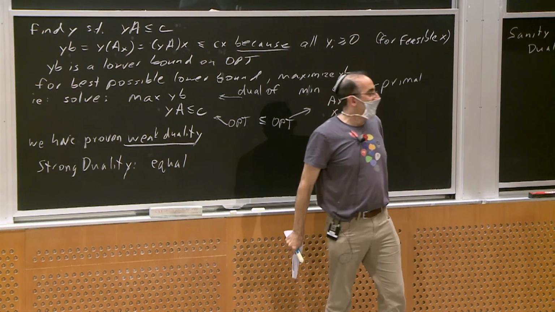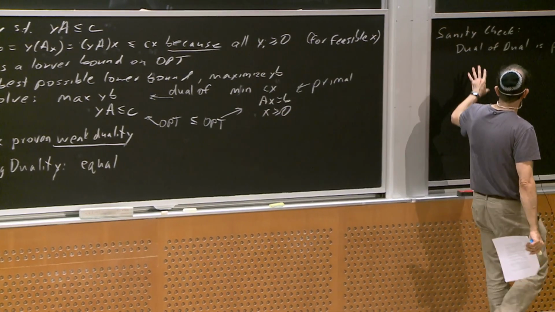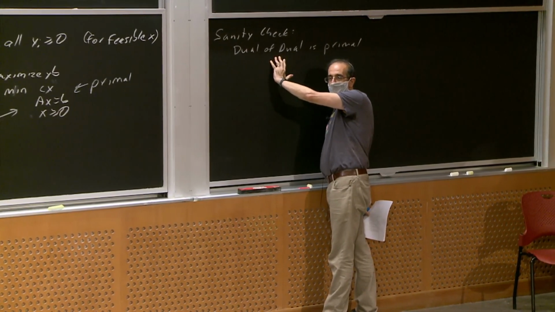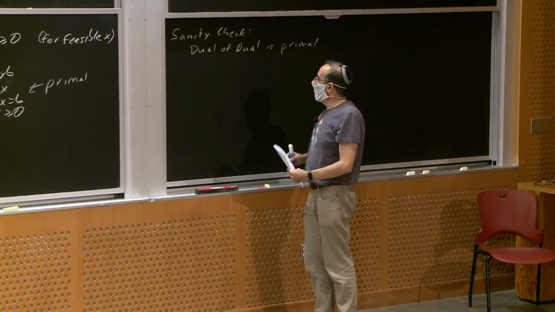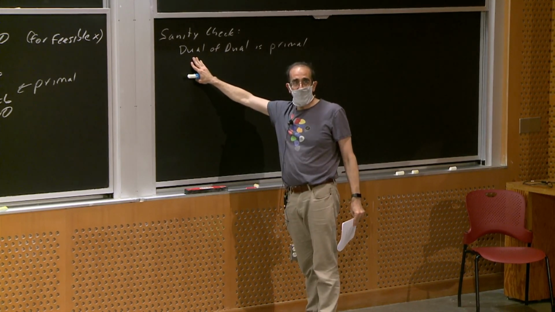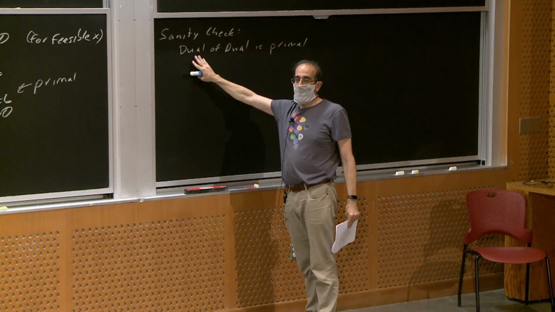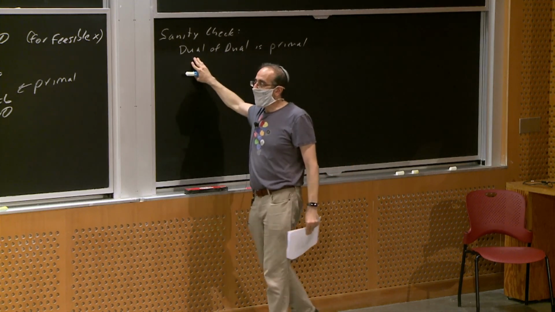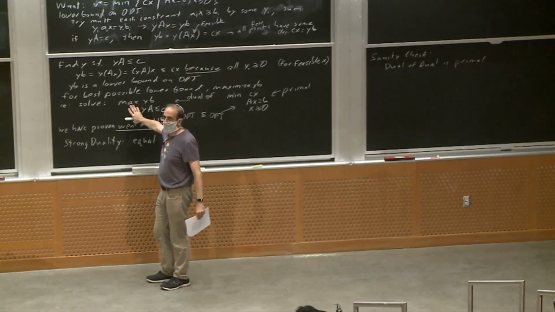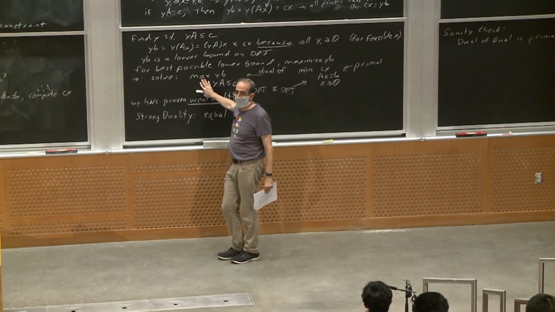All right. And we'll start with this next time. We'll do this little sanity check, we'll do the math to show that if you take the dual of a linear program twice, you get back to where you started. Now, in order to do that, we're going to have to talk about duals more generally. So here I've only told you about how to take the dual of a standard form linear program.